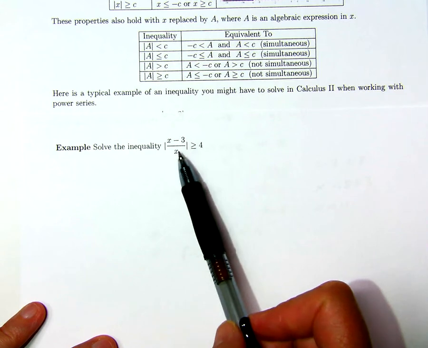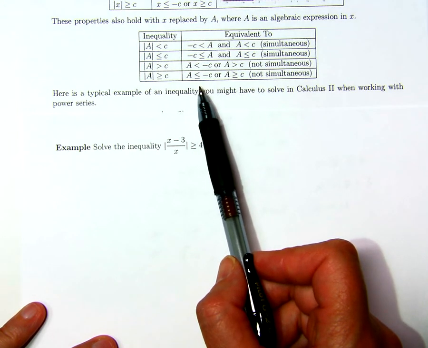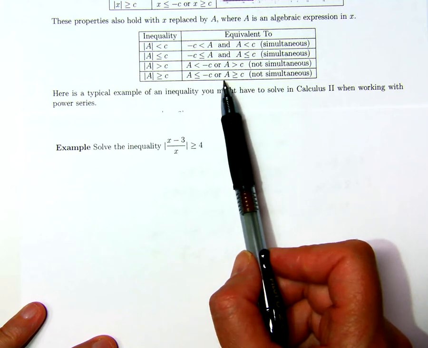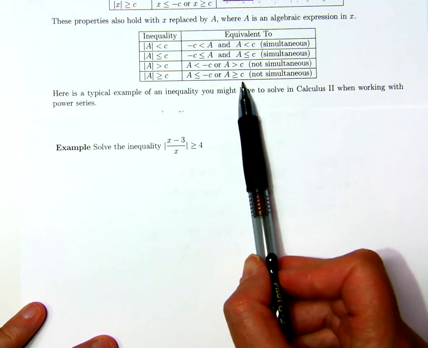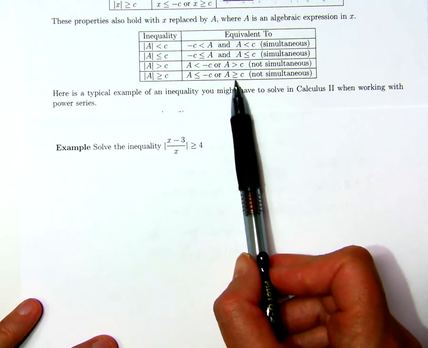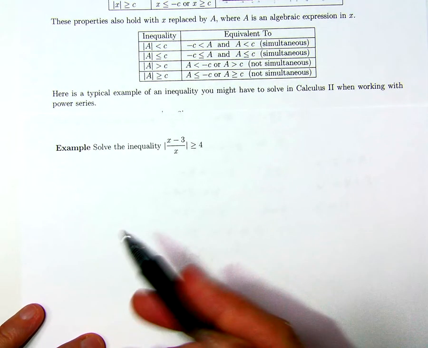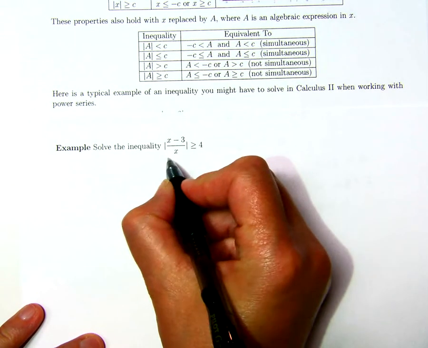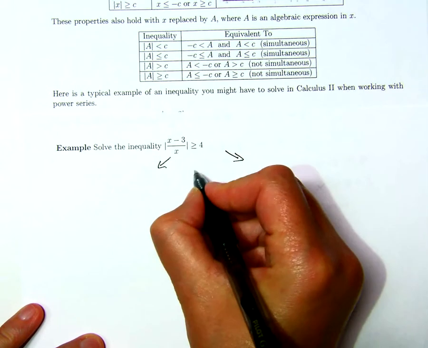x minus 3 over x is less than or equal to negative 4, or the set of all x so that x minus 3 over x is greater than or equal to 4. So it's going to be the union of the solutions to these two inequalities. So let's write down these two inequalities.